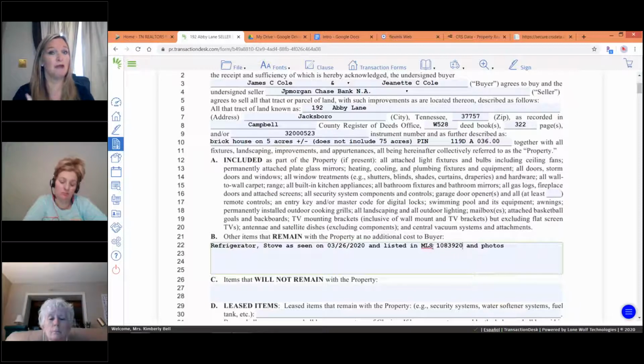We're checking the MLS brief to make sure it's there. And if it's not, then you say that you're asking for it even though it's not on the MLS. But you could go as far to say refrigerator, they actually have a number on them, and you could say VIN number and color.